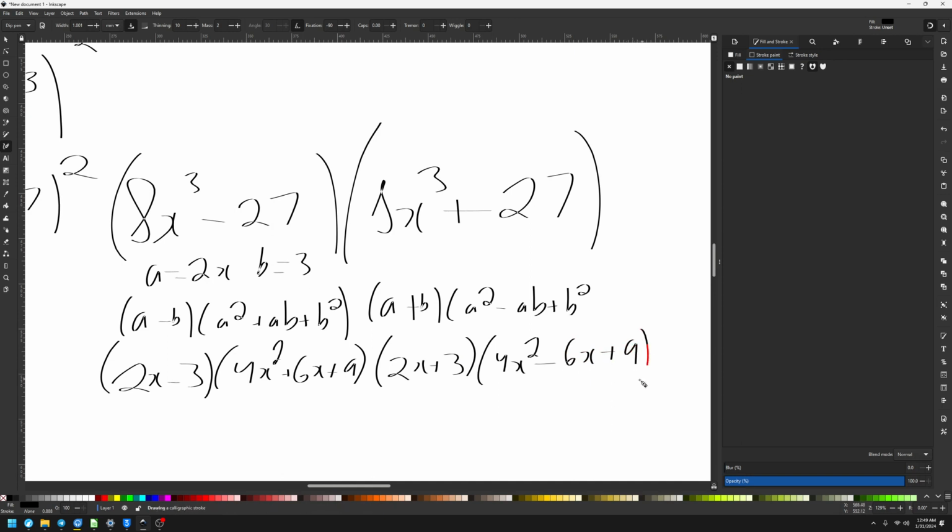And this is the factored form. We're done, since there's no like terms.